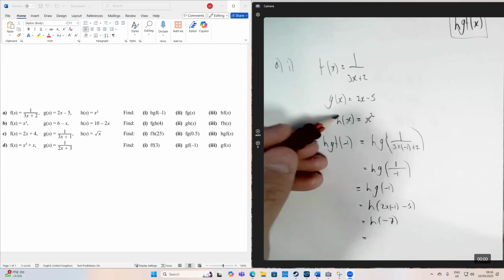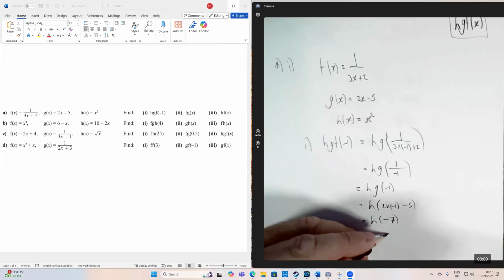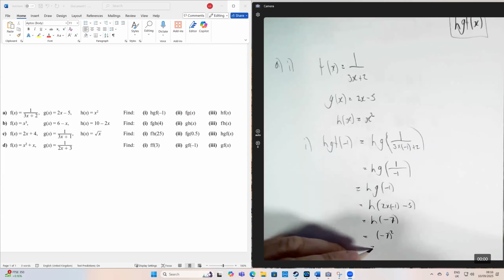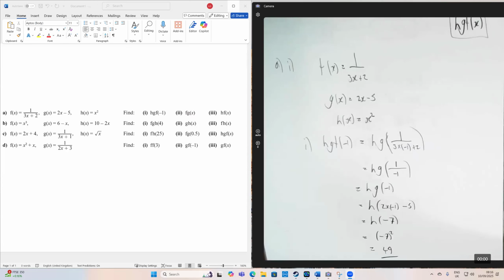H of x is x squared, so that is minus 7 squared. So our answer is 49. So h of g of f of minus 1 is 49, and we worked from the inside out. That's how you would do a numerical example of a triple composite function.